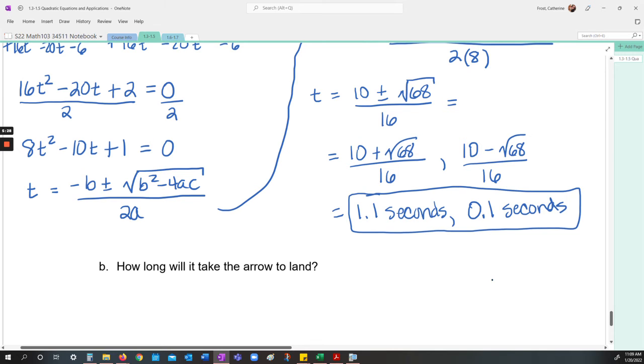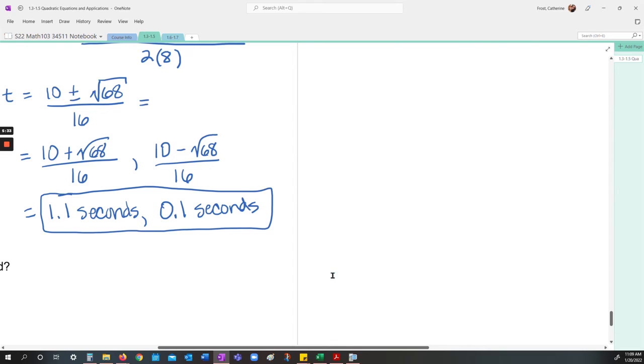And so basically we've got that this arrow started at a height of 6 feet above the ground, and so maybe here's 8. This is not drawn to scale. So there's 8. And so it starts here, and it goes up.